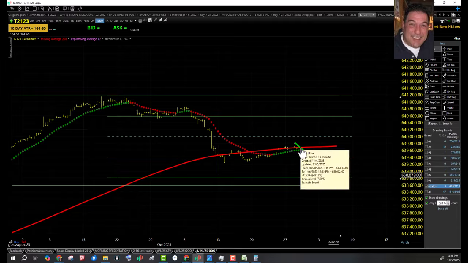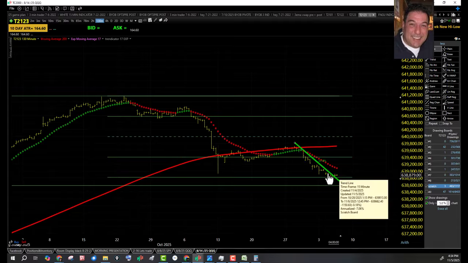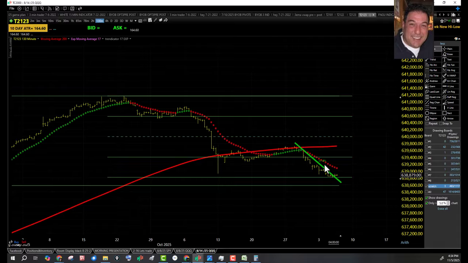And they say, again, they don't want to be the last man standing when the music stops again. So you get selling, and selling begets more selling, and hence now we're making a new pullback low from the all-time highs right here. Okay, so there's T21.23. That's how that works.